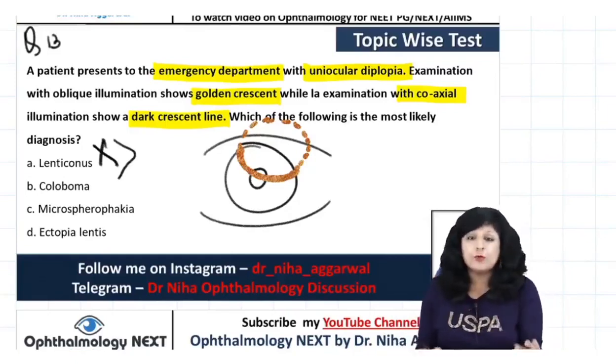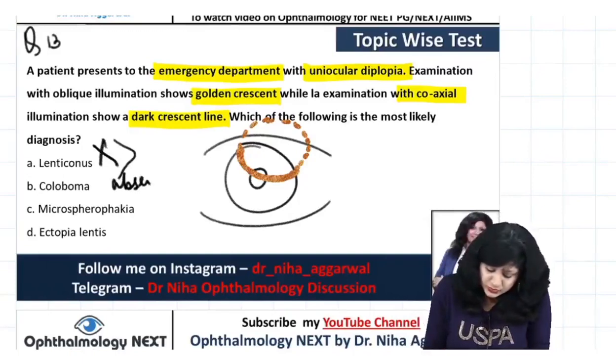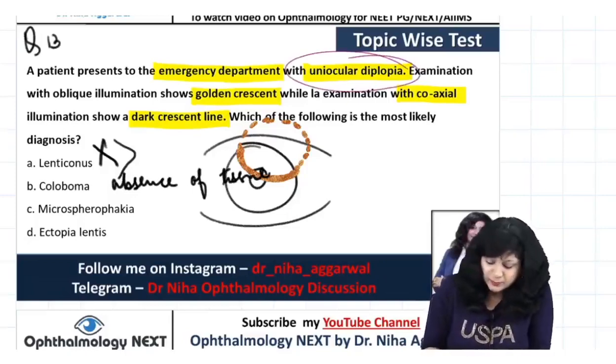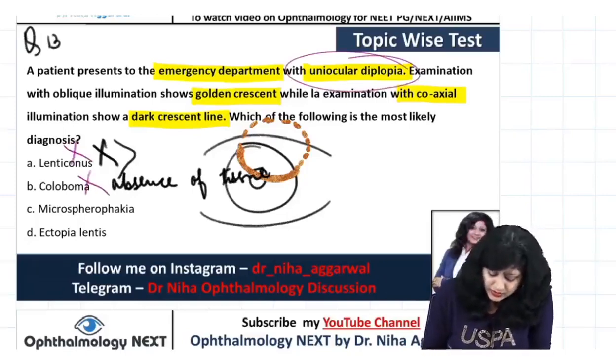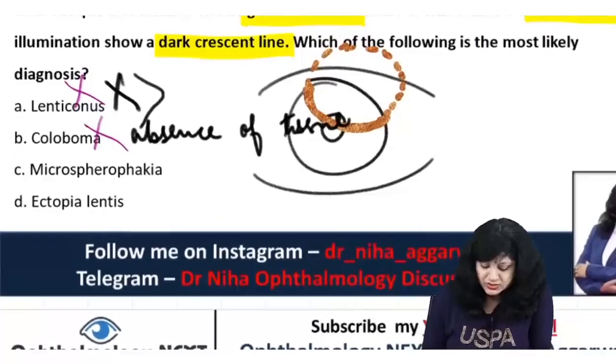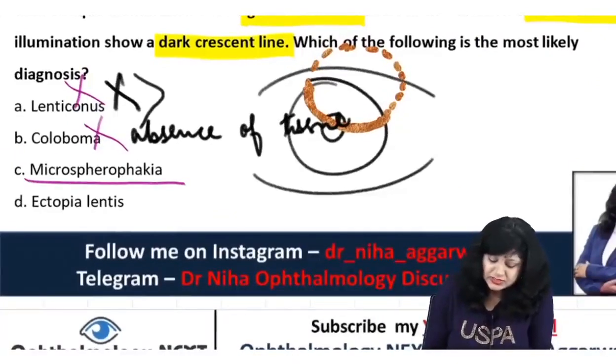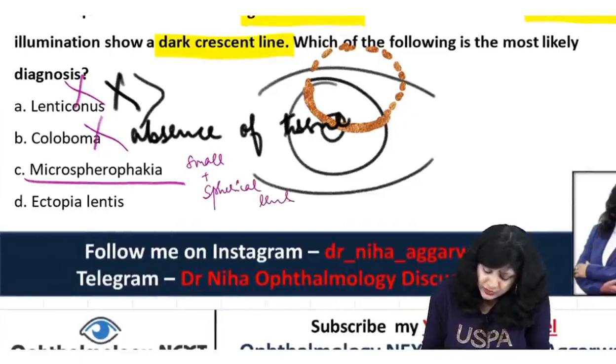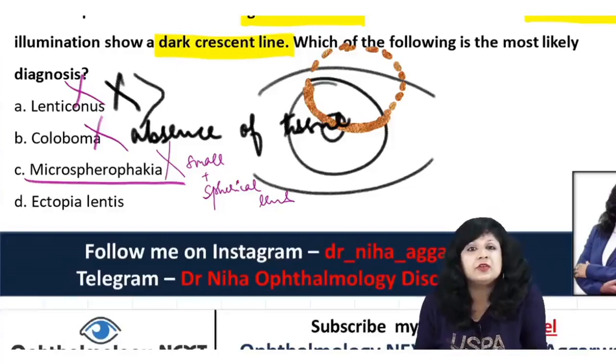Coloboma is the absence of tissue, so you will not get diplopia. There will be no uniocular diplopia in lenticonus, nor in coloboma. Then option C is microspherophakia. This is a small, spherical lens. So here also you are not going to get uniocular diplopia.